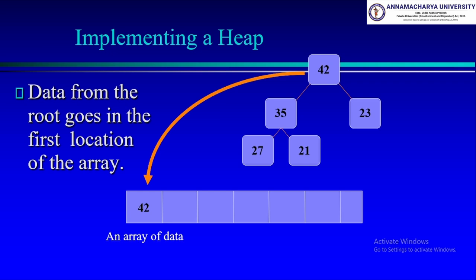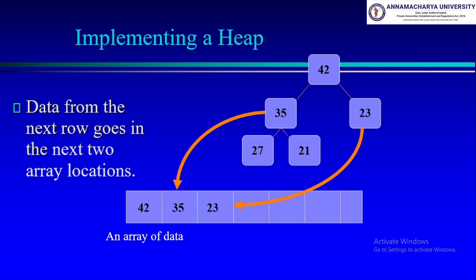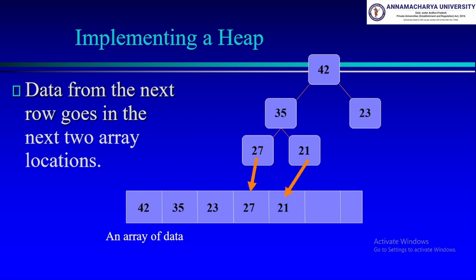Then the left child and right child come in the next subsequent locations, 35 and 23. Similarly, the remaining children occupy their array locations, 27 and 21, left child and right child.